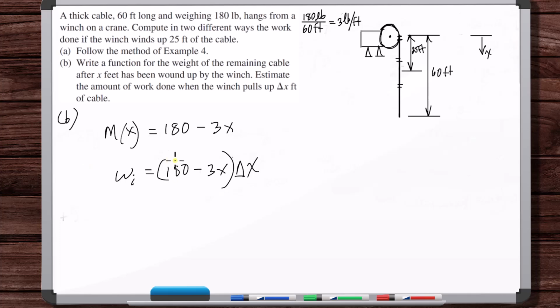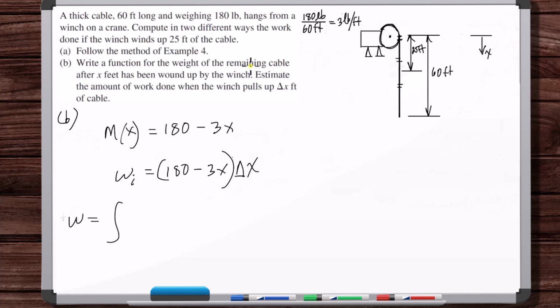Okay, so you create the Riemann sum here, take the limit as that sum goes to infinity, and the work done is equal to, now we are calculating this just for 25 feet, but in this case we wouldn't need to do two separate processes.